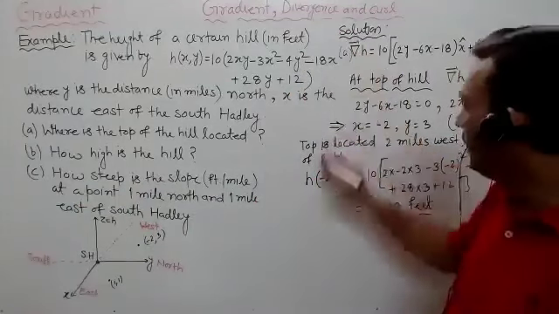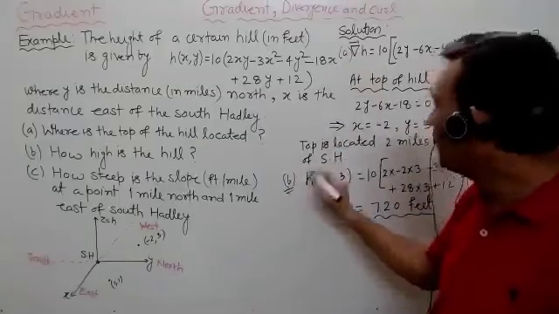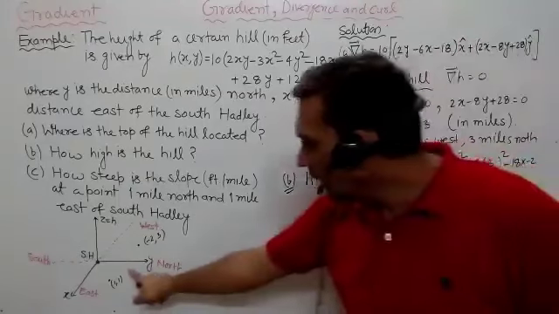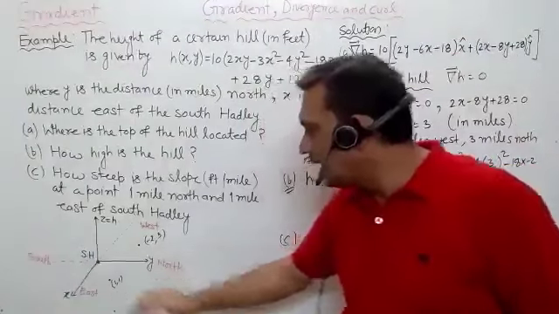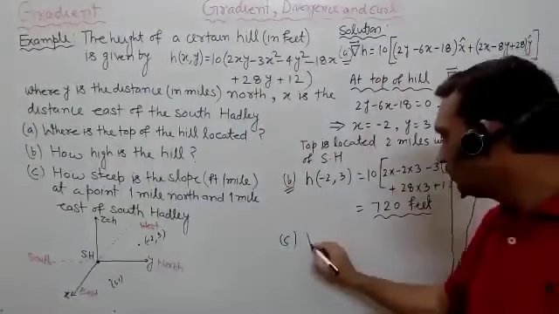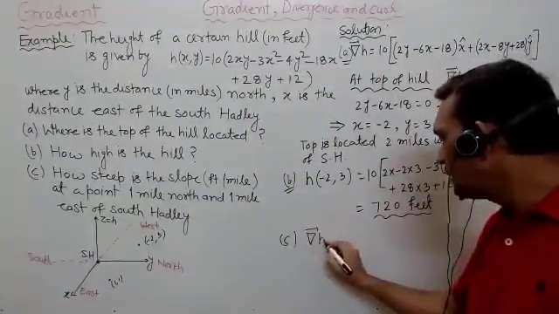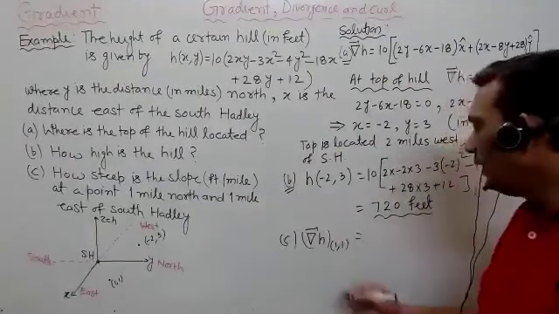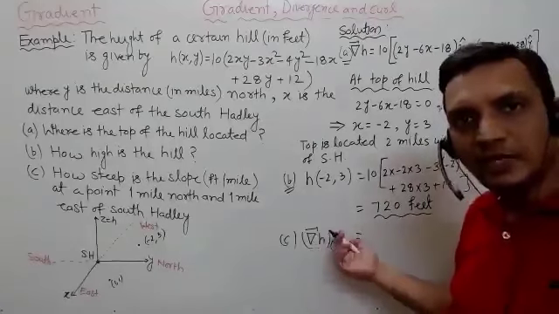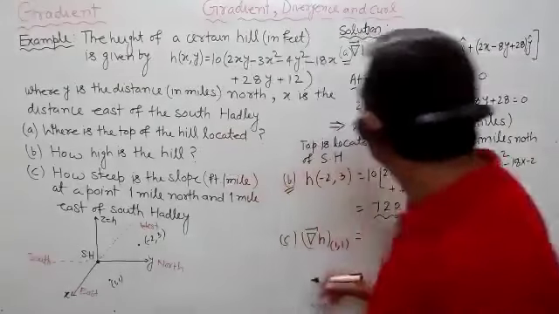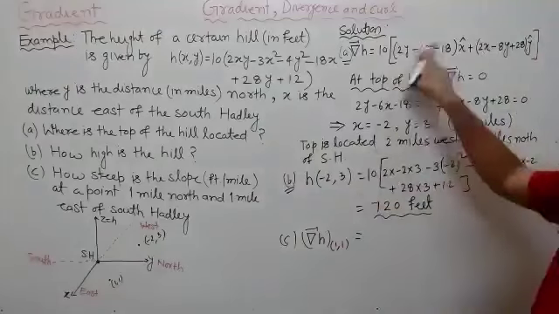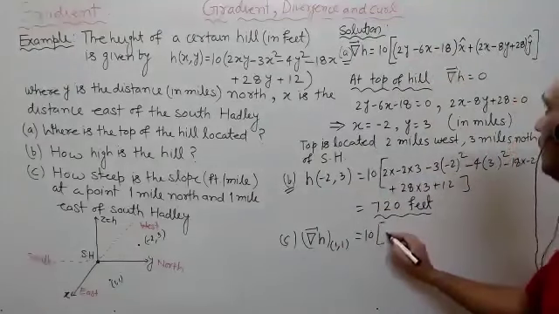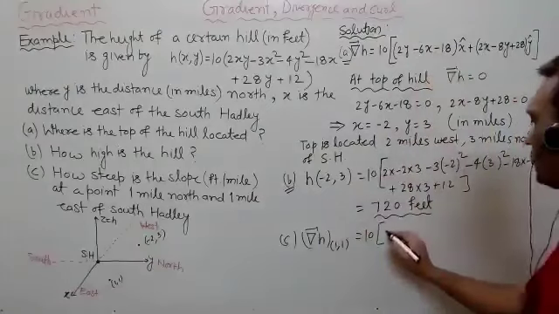First you have calculated part A, this is part B, and in part C, let us first find the gradient of h at point 1, 1. Then find its magnitude, and that will give you the slope. So let us calculate it. What will be the gradient at point 1, 1? So this will give you 10 times.